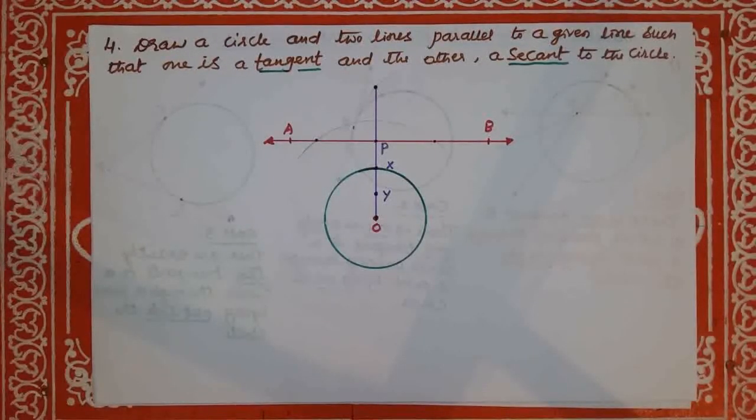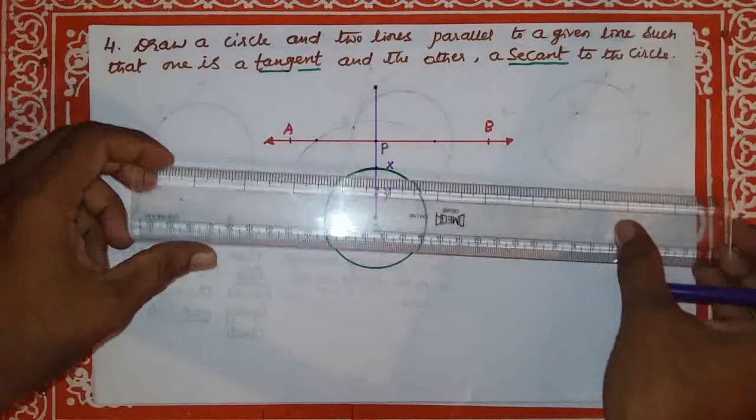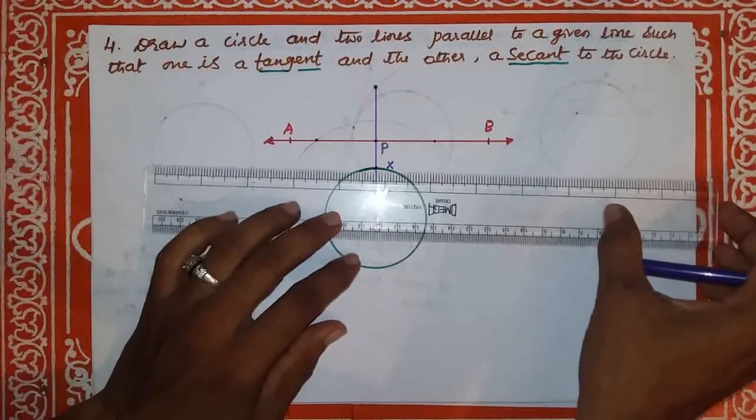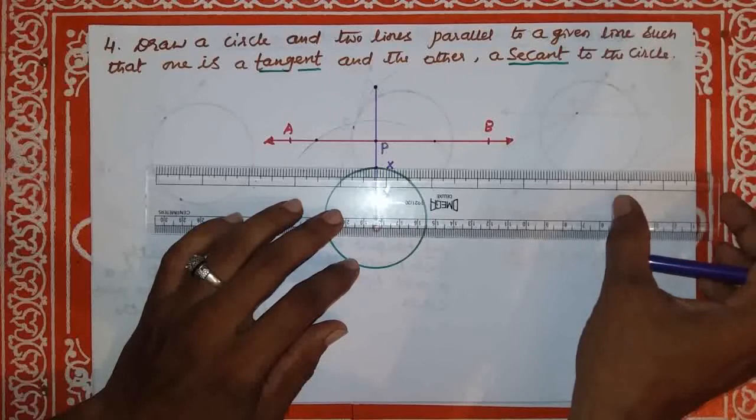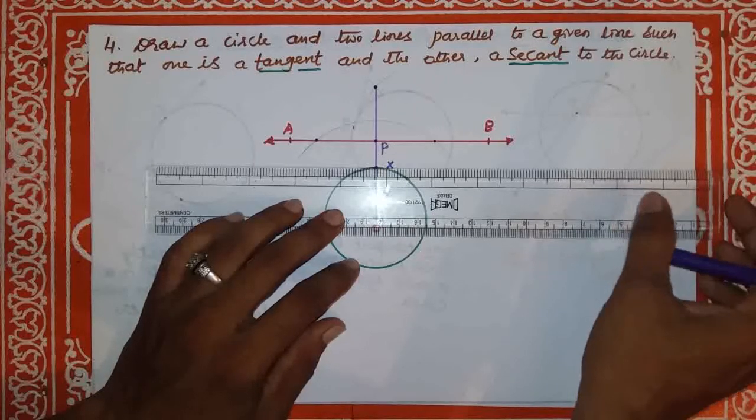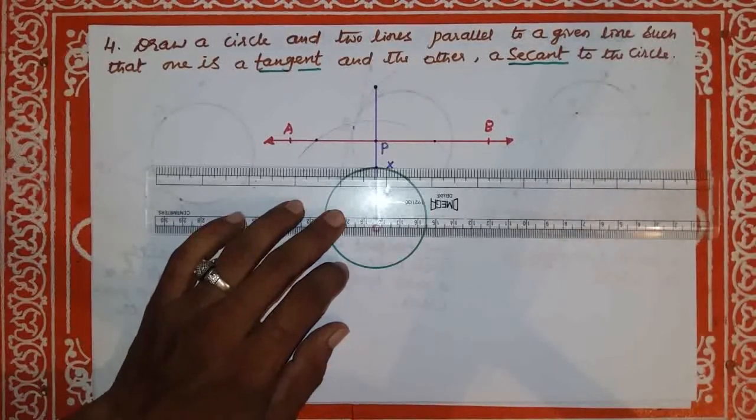Okay, let us see what I told. We just have to draw two parallel lines parallel to AB. Just look at AB and draw two lines, that's it.